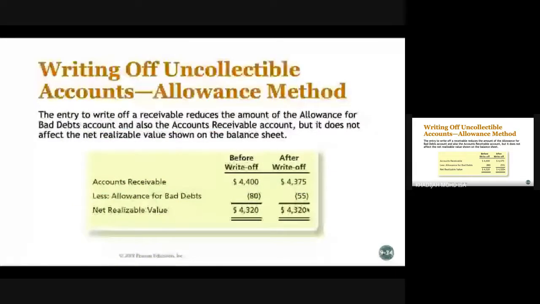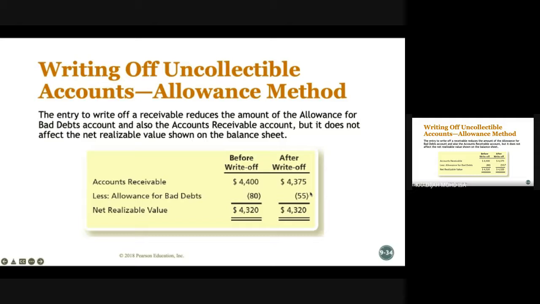So if you look at this, initially accounts receivable was 4,400 and then minus 80, you have NRV of 4,320. But after write-off, where do you get 4,375? You have to do adjustment in your allowance for bad debts.